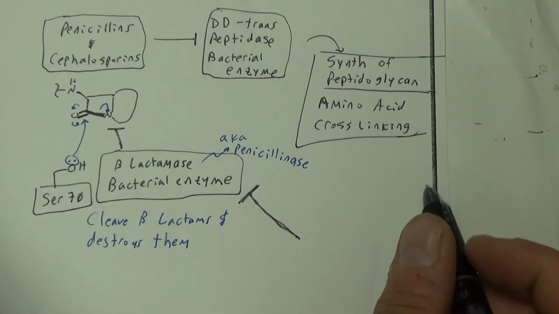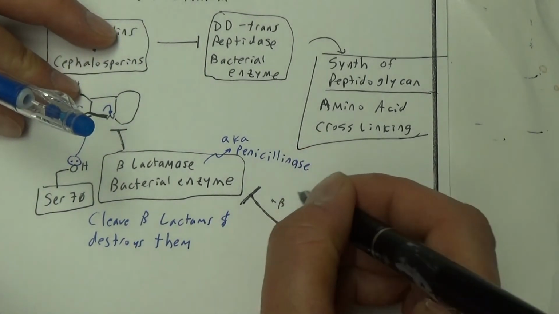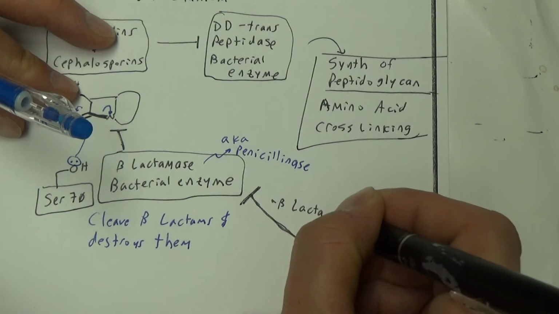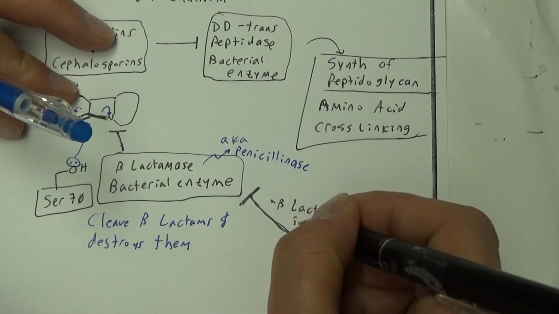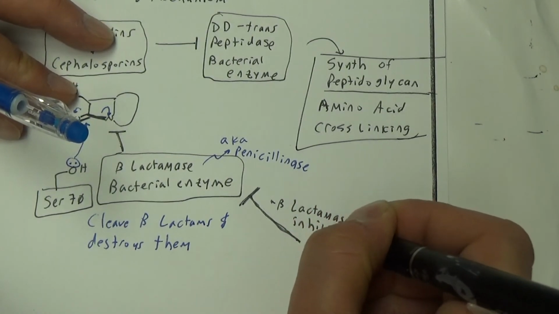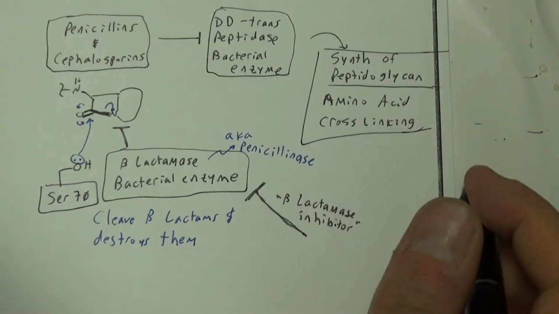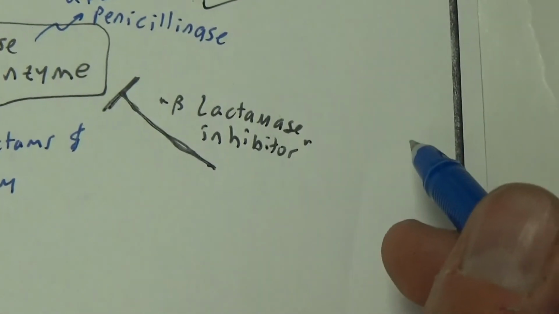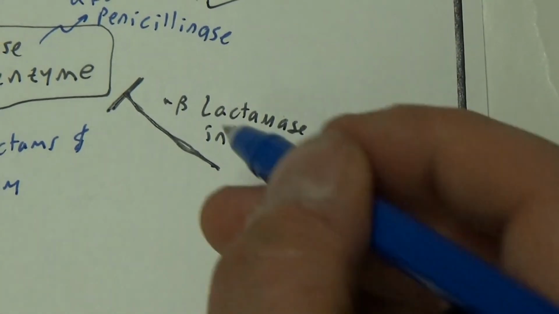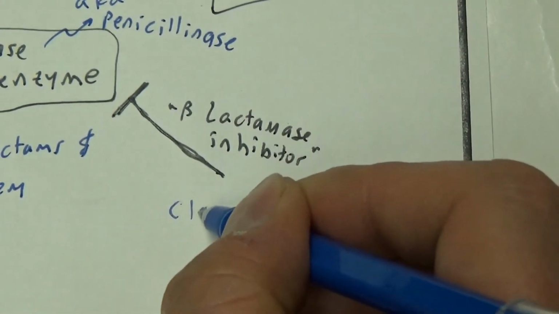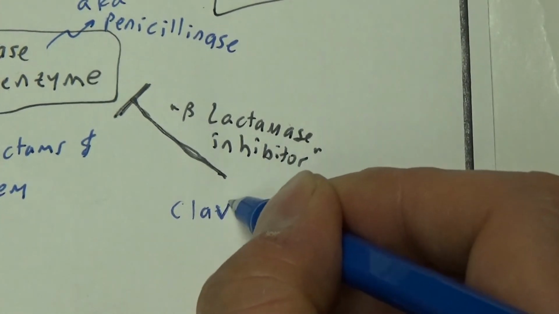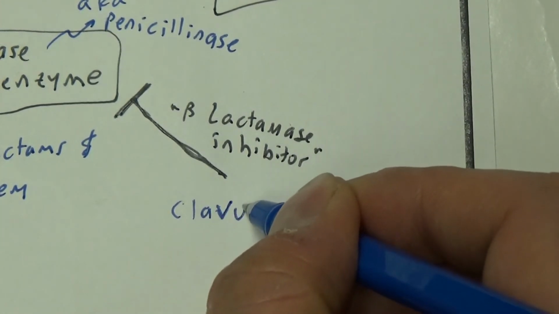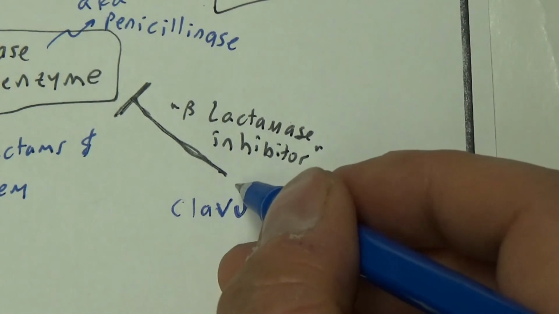A beta-lactamase inhibitor. And there's a couple of them. You could probably even Google beta-lactamase inhibitor and see some more of them. But one of the common ones is called clavulanic acid. C-L-A-V-U-lanic acid.